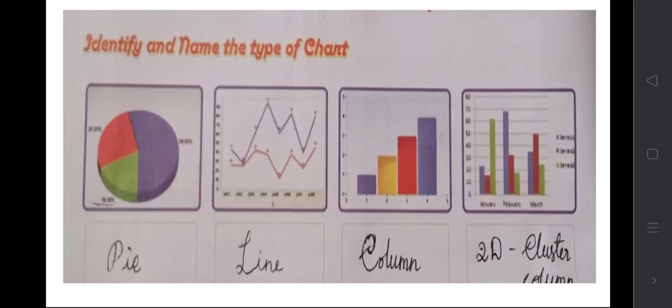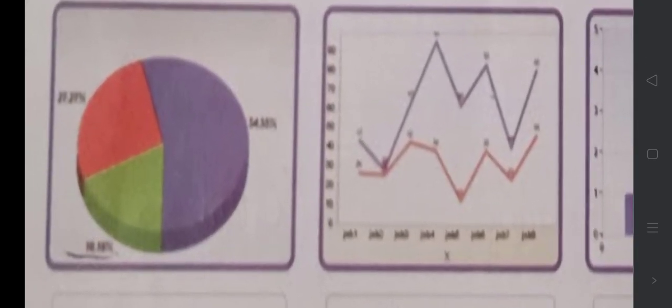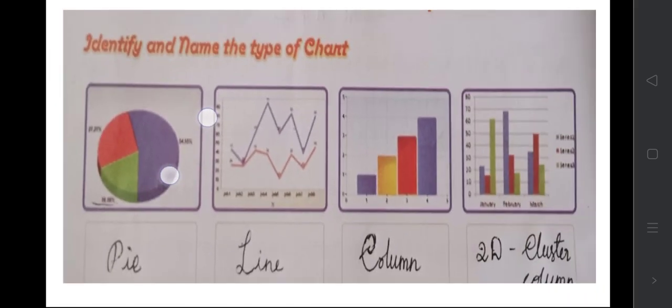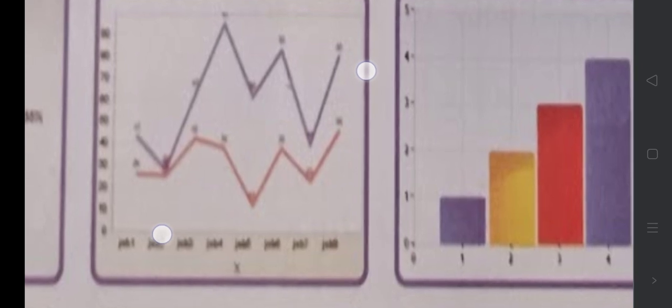Then identify and name the type of chart. First one is a pie chart: anything circular, anything in a circle, is a pie chart. These are line charts, only lines are seen.